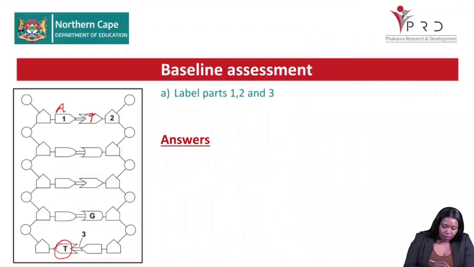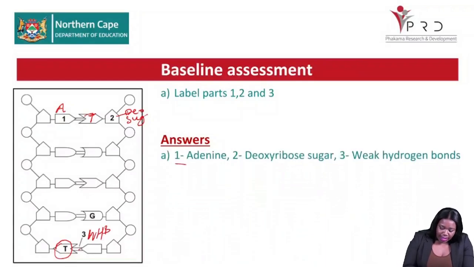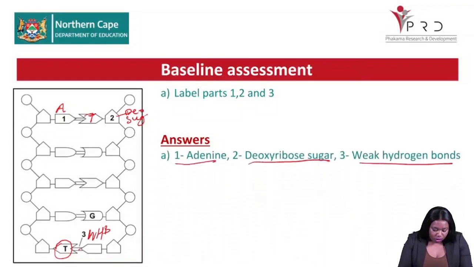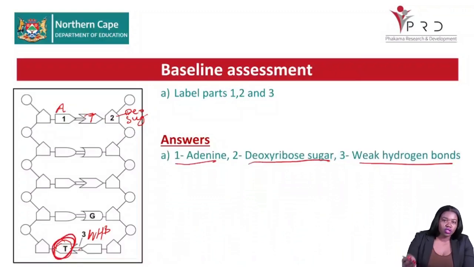So part 1 would be adenine, part 2 would be a deoxyribose sugar, and part 3 would be a weak hydrogen bond. Remember, if you are given a guideline, you should follow that and be specific with your answer when it comes to the nitrogenous bases.